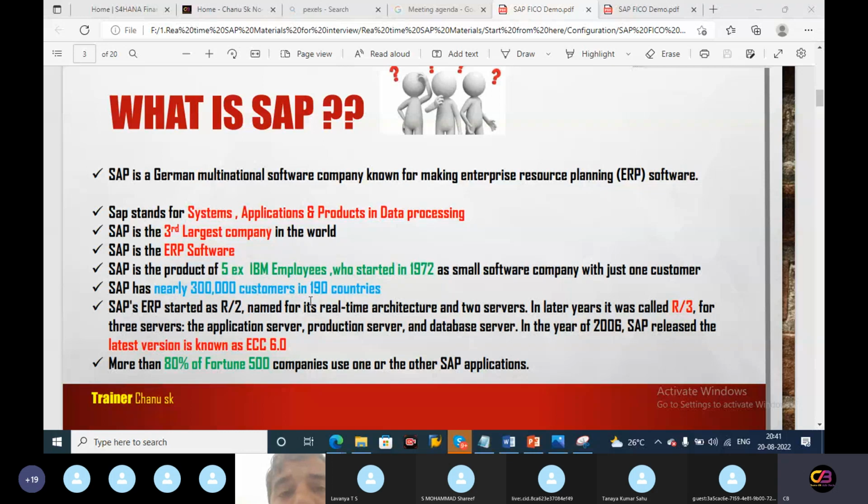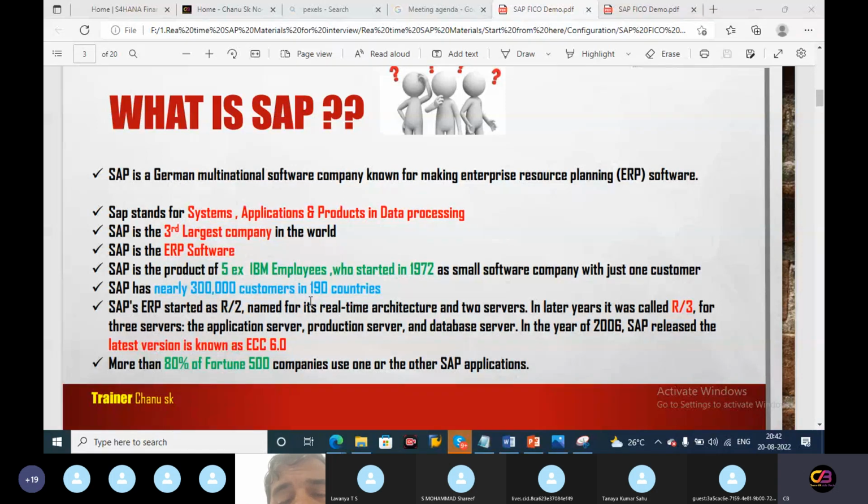See guys, SAP is a German multinational software company, and it is also called ERP software. SAP stands for Systems, Applications, and Products in Data Processing. System means computers, laptops, PCs, or whatever device it may be, application means software, and product means any goods and services.